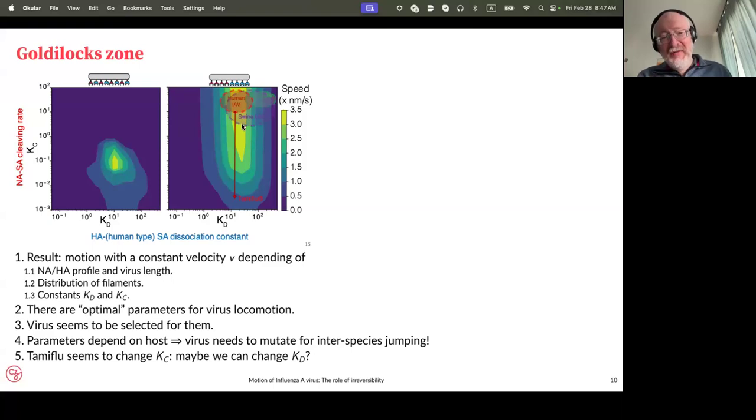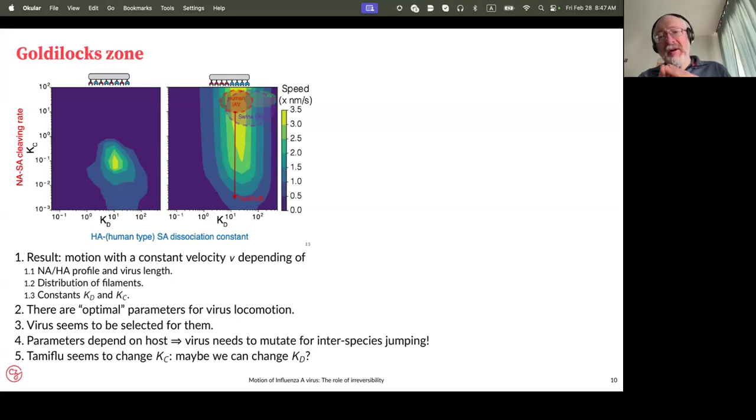And basically, if you move fast inside the human mucociliary layer, it means that you probably would not move fast inside avian or swine mucociliary layer. And this means, first, a very interesting thing. We found out that the real viruses are selected for this.